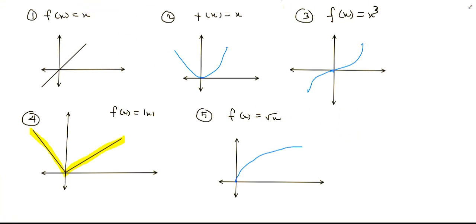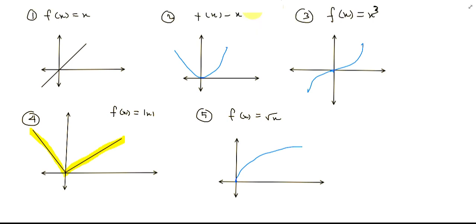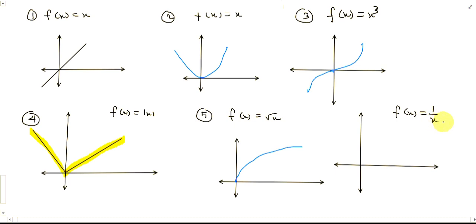Now let's take another question. f of x is equal to 1 by x. So the graph of this function is like this.